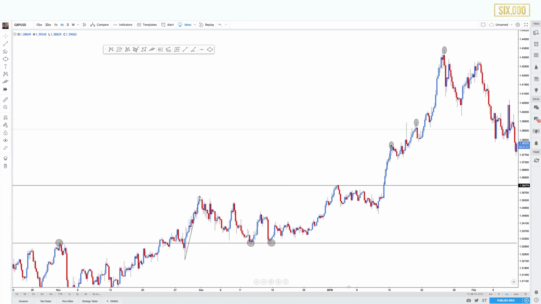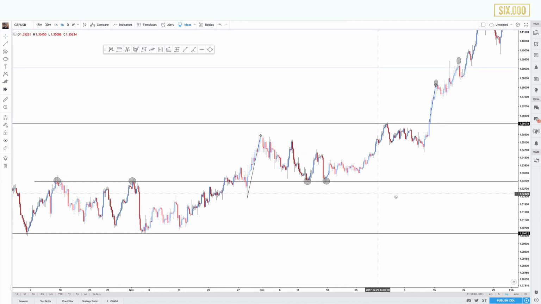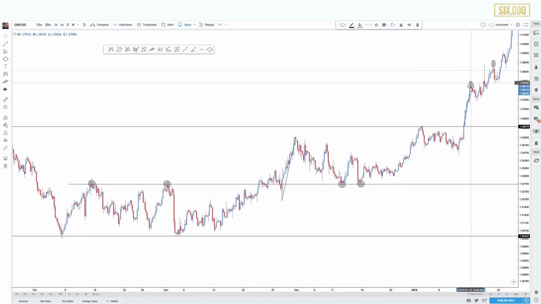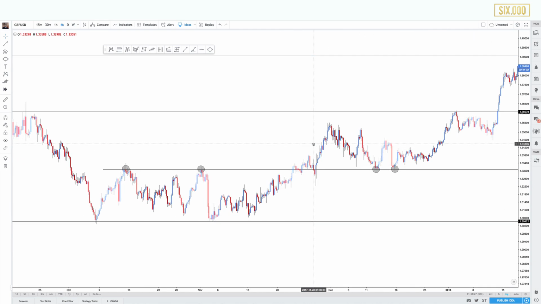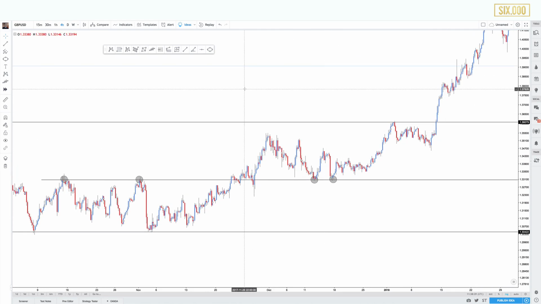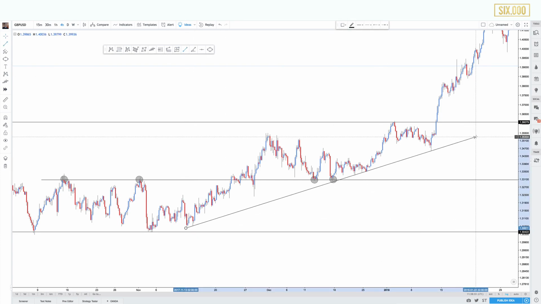Now, one thing I did notice while we were drawing in the support and resistance levels, and what I'll do is I'll remove anything we don't need, just to keep this nice and clean. There was a trend line that formed within the support and resistance level as well. So again, this provides what we know as confluence.